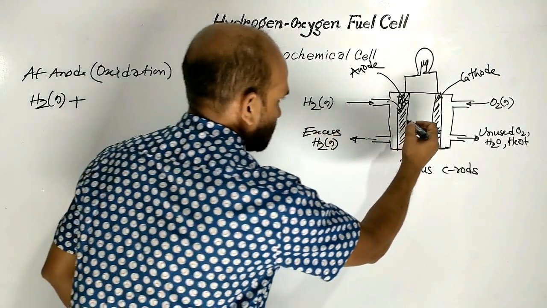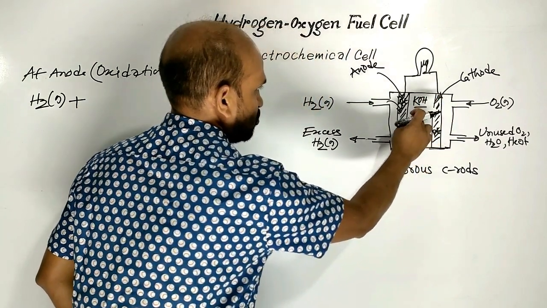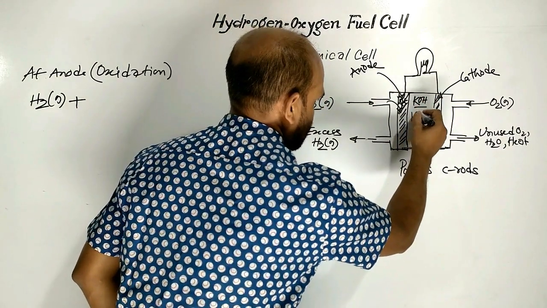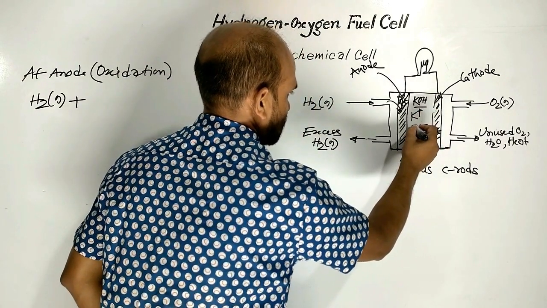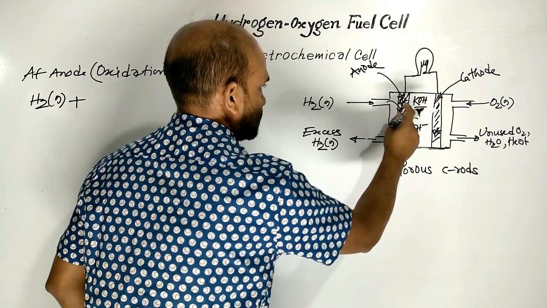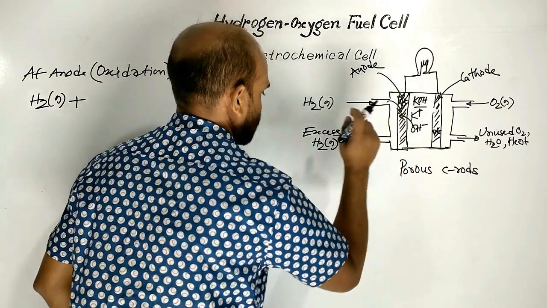Then here potassium hydroxide is used as electrolyte that produces potassium ion and hydroxide ion. Hydroxide ion moves here, hydrogen reaches the anode.